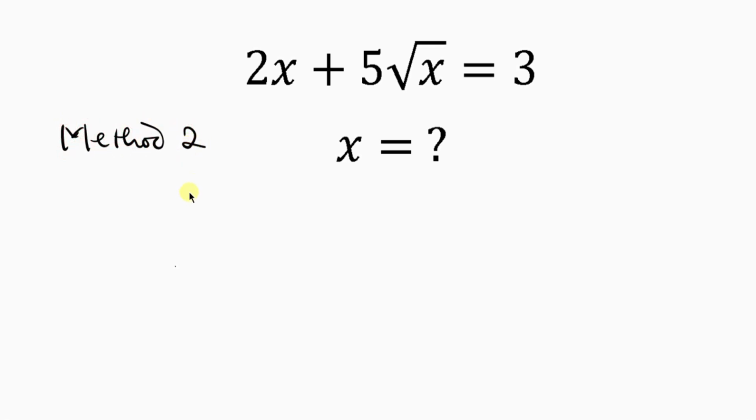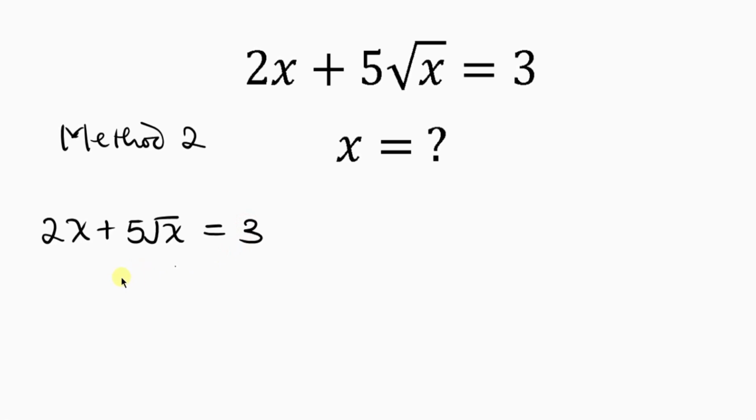For our method 2, our first step will be for us to isolate 5 root x. And in order for us to do that, we have to move 5 root x to the right-hand side, and we do that by subtracting 5 root x from both sides. So I have 2x plus 5 root x equal to 3.